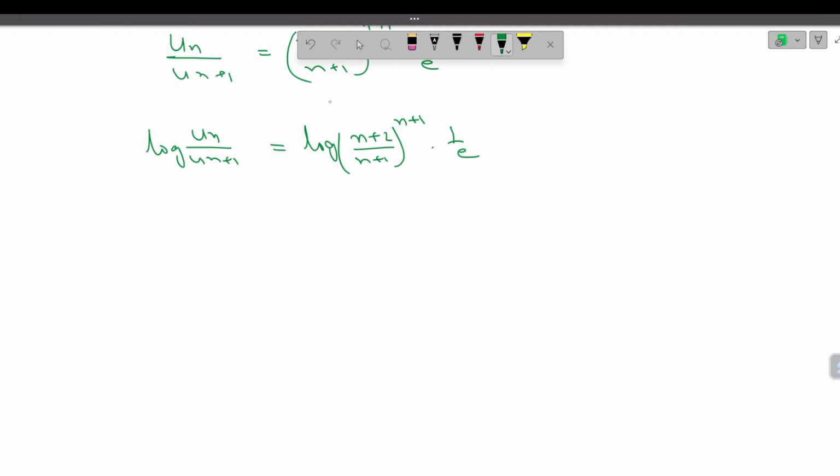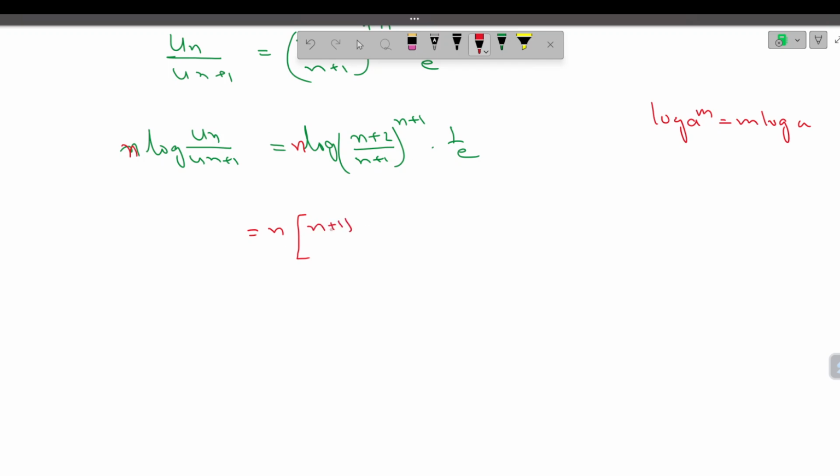Now multiplying by n both the sides. Now, n outside, what we have? Log a to the power of m is m log a.